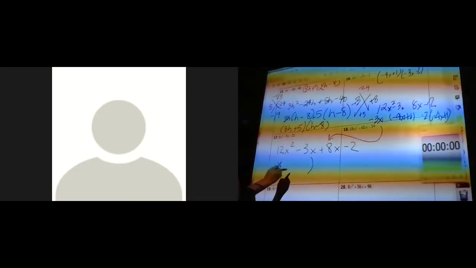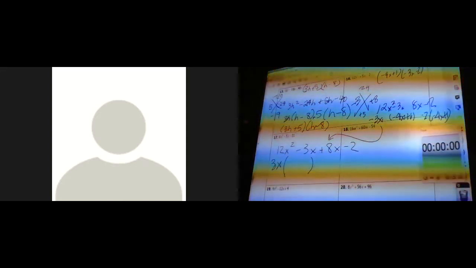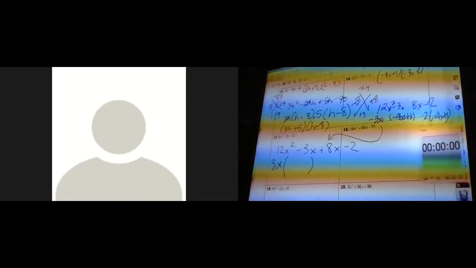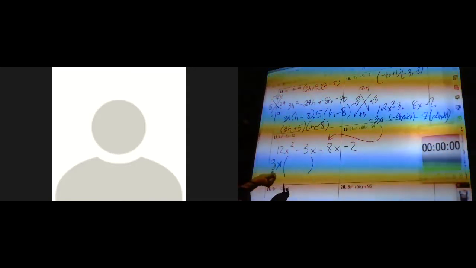3x. No, 3x. Oh, no, I'm sorry. Hang on. Ms. Harrison made a mistake. What if we factor out a 3x? So the same thing that Ms. Markel did, but instead of making these negative, which gives us that negative in front, so what is 3x times what equals 12x squared? 4x.